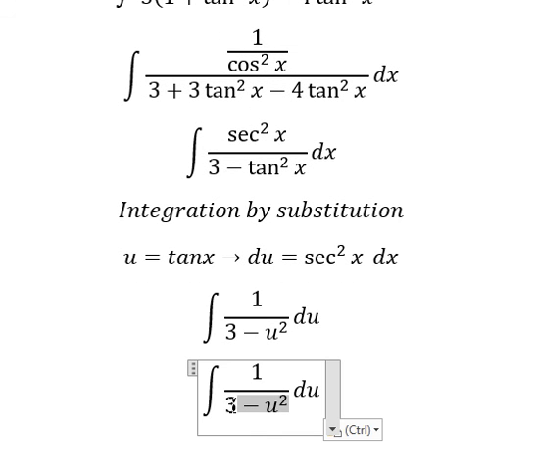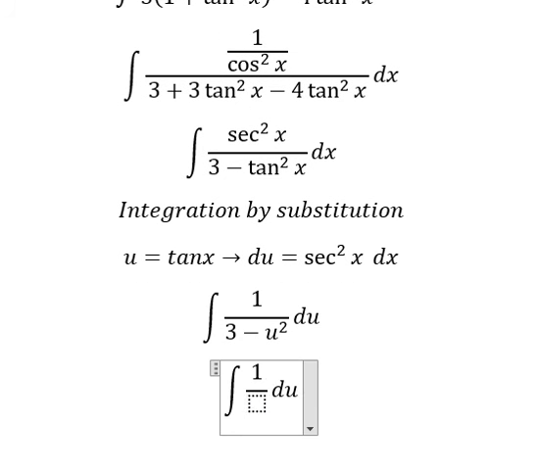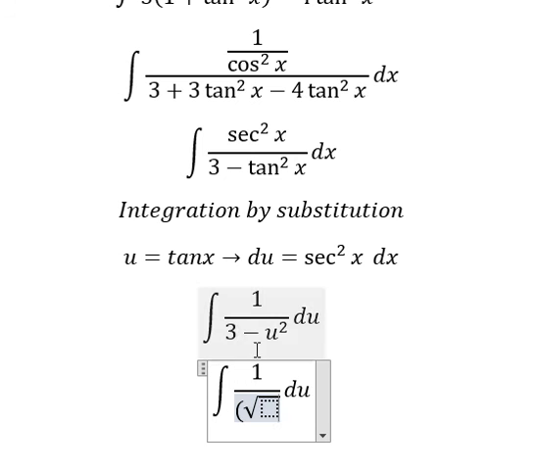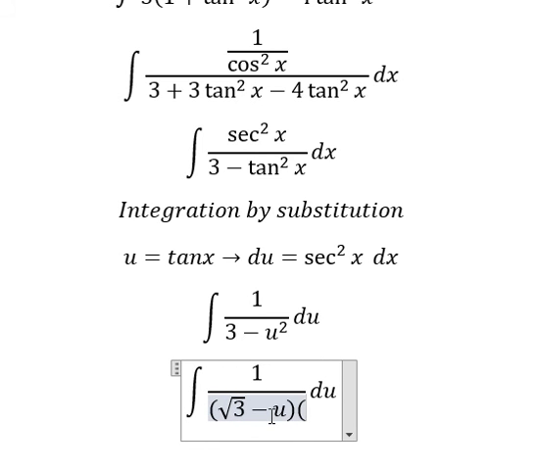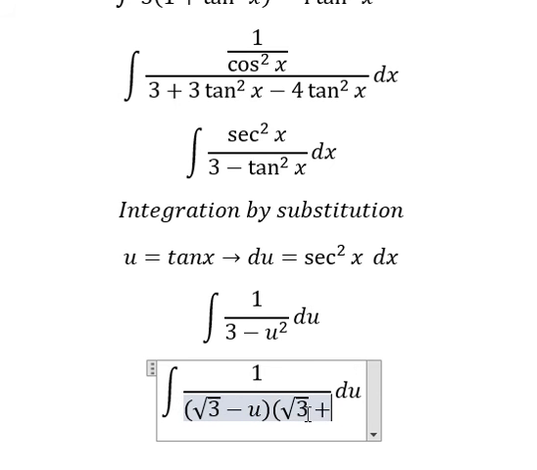Next, this is about identity. So I will put the square root of number 3 minus u multiplied by the square root of number 3 plus u.